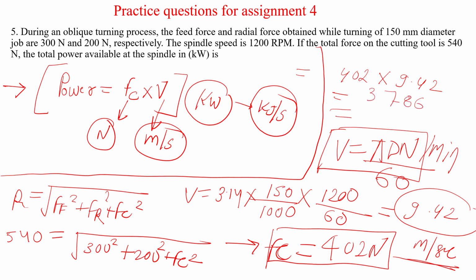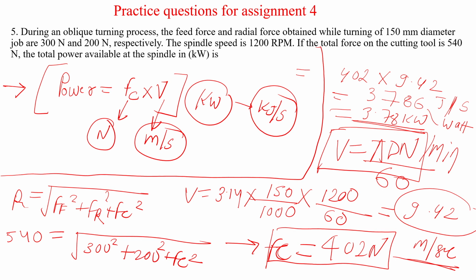This we are getting in joule per second. This is actually watt. But we want in kilowatt, na? Then we'll divide by 1000. So it will come around 3.78 kilowatt. That answer, 3.78. Okay. It is fine, na?